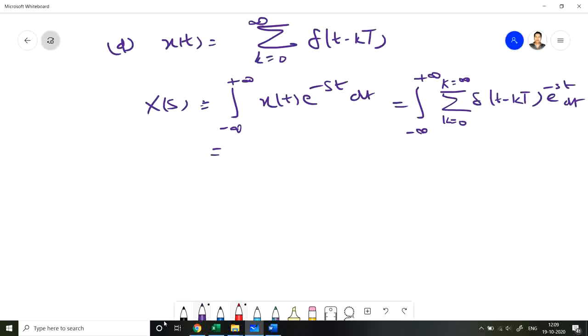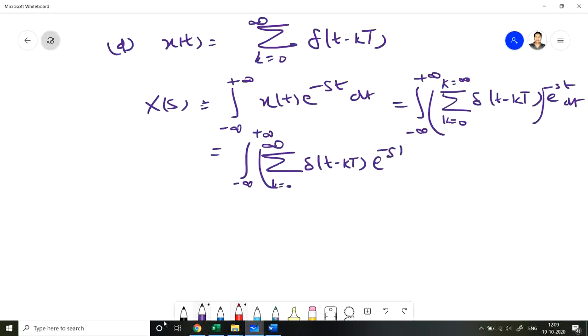So we can see that we can put the summation outside. Further we can solve this by using that property. So the integral of the summation k equals 0 to infinity of δ(t − kT) e^(−skT) dt.